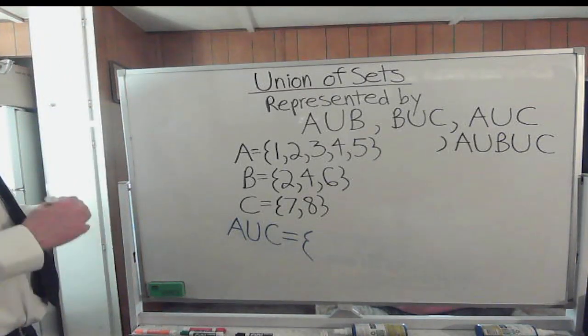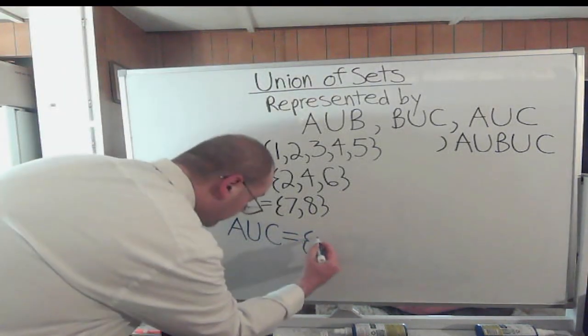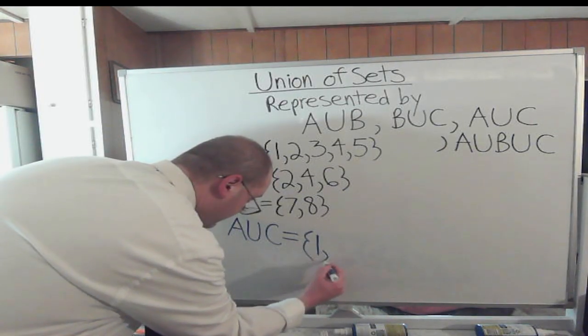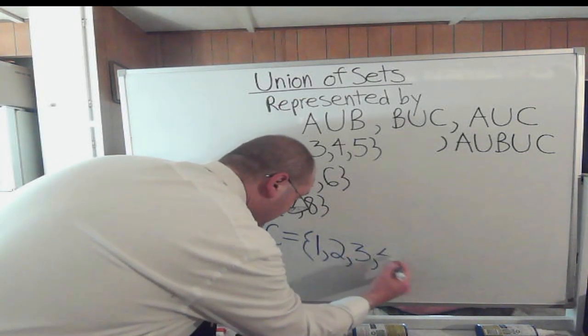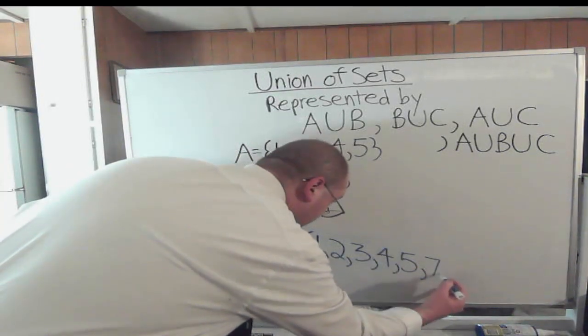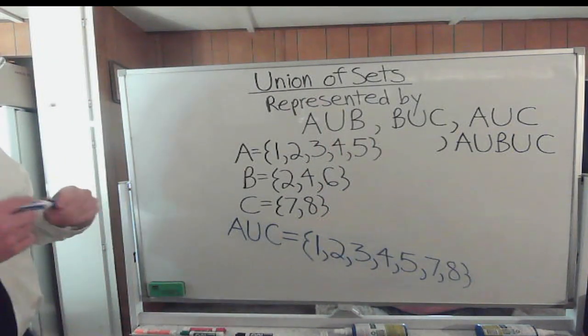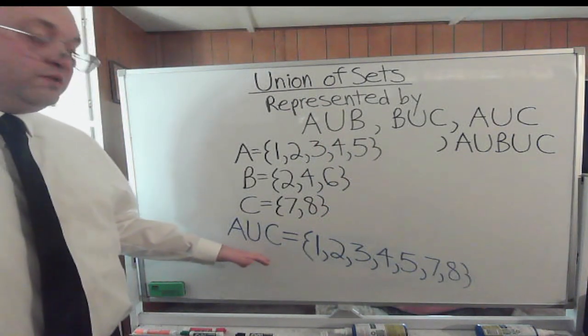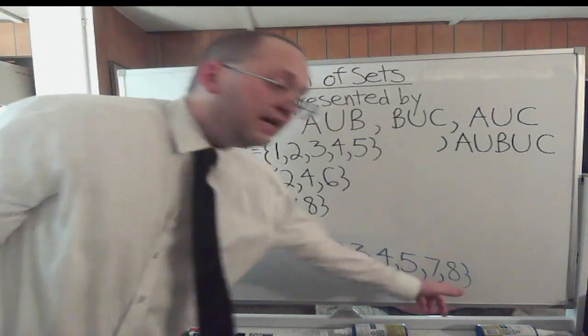There are no repeating numbers, and they seem to be in numerical order, so when you unionize the sets, you'll get 1, 2, 3, 4, 5, then 7, then 8. Those will be all the members of your set when you take A in union with C. You'll get 1, 2, 3, 4, 5, 7, and 8.